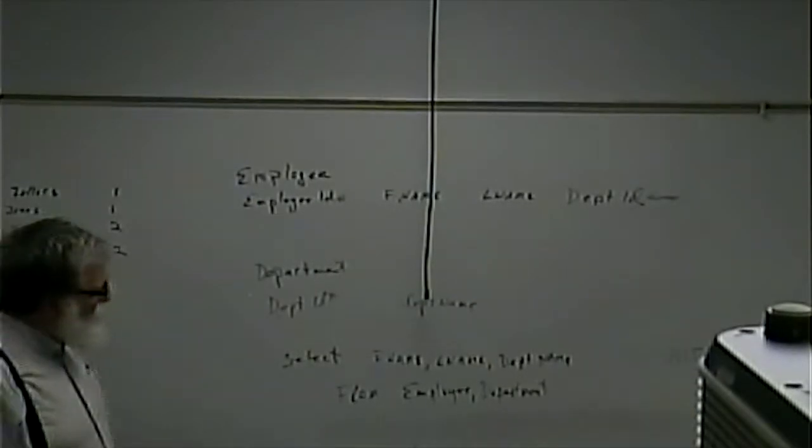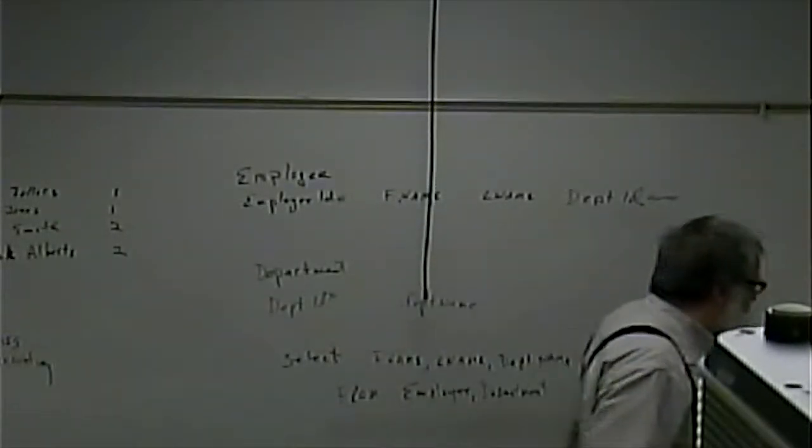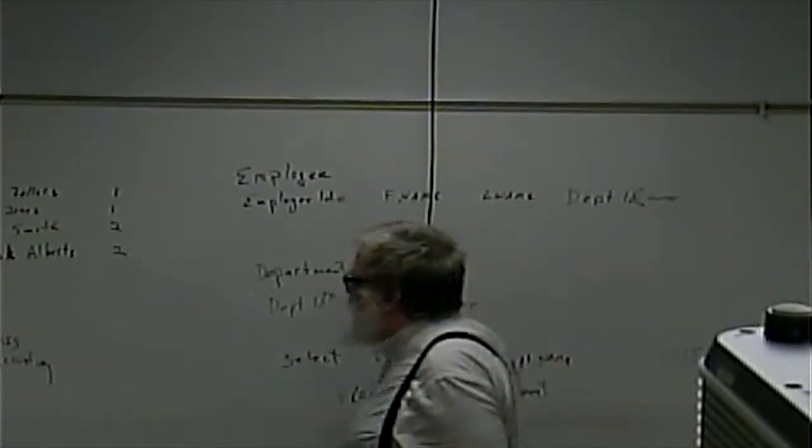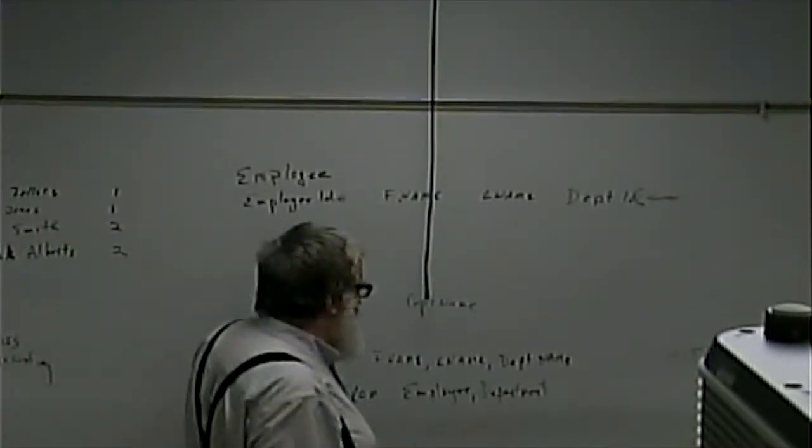Well, I tell you what it would do. It would match up every row in the employee table with every row in the department table. All right? Because we didn't specify how they're linked together. So we would get how many rows in our result set? We'd get 8 of them. All right? This is what our output would look like.